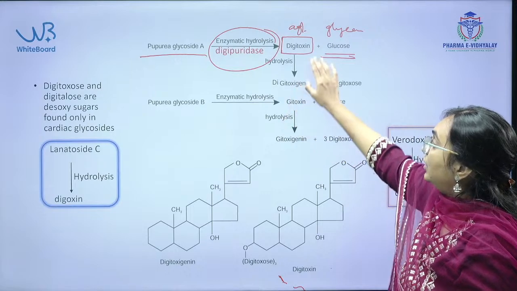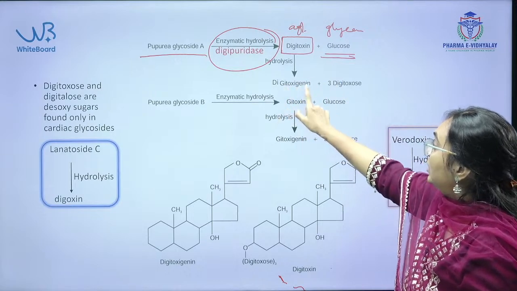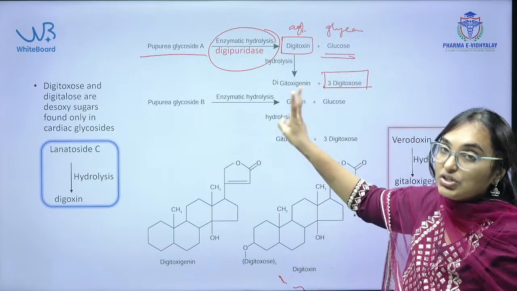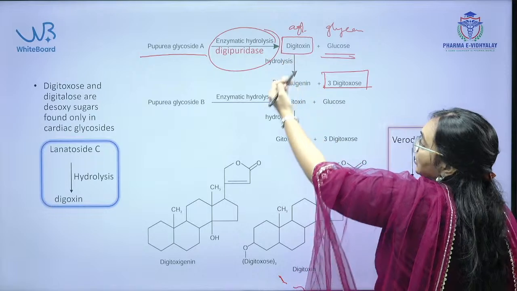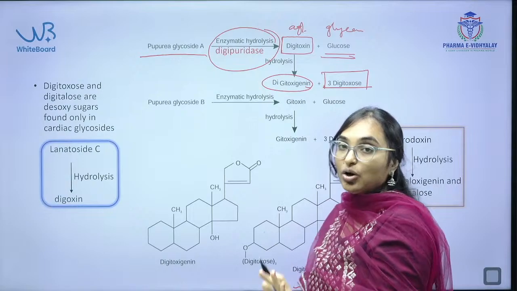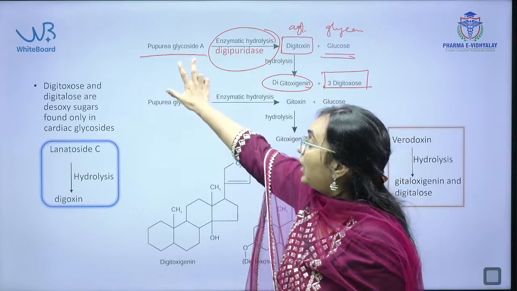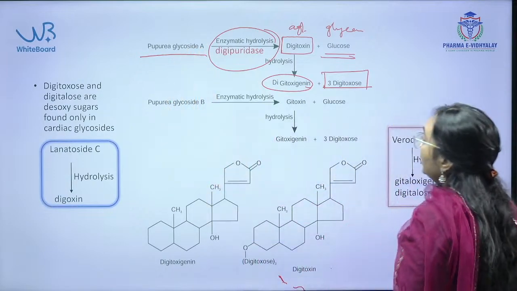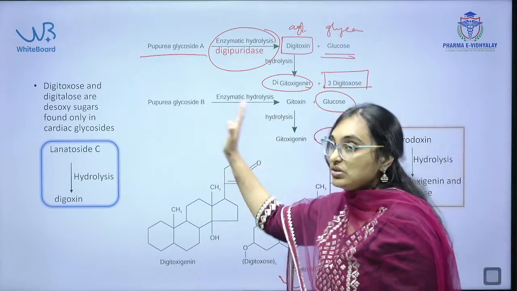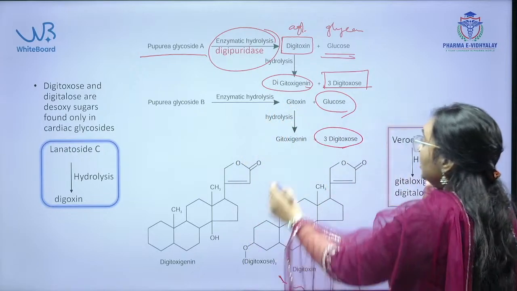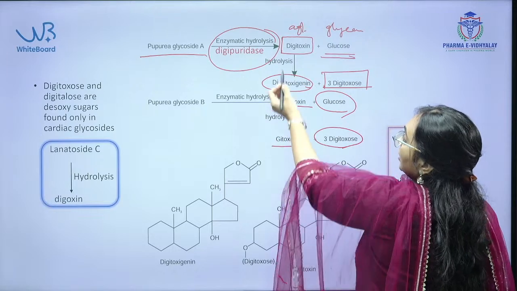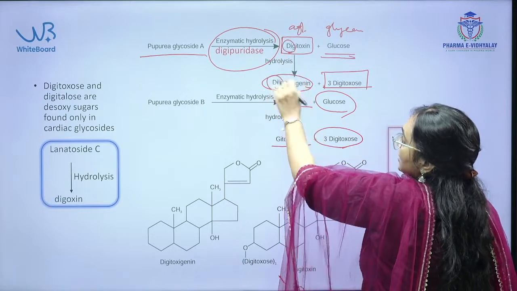It again undergoes hydrolysis and gives digitoxigenin plus how many molecules of sugar? 3 digitoxose. So digitoxin and digitoxigenin are the aglycon hydrolysis products of purpurea glycoside A. Purpurea glycoside B hydrolysis products are gitoxin and gitoxigenin; an OH is added, that is it.